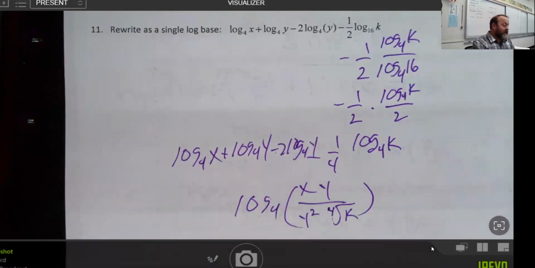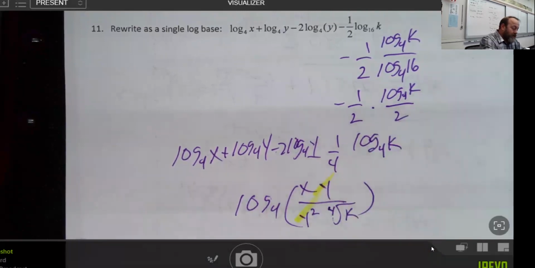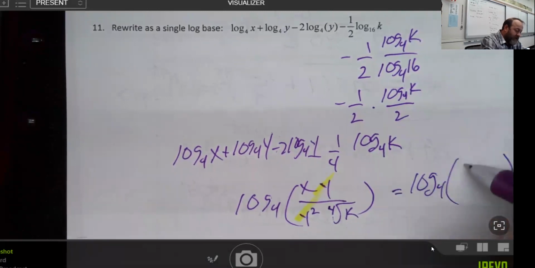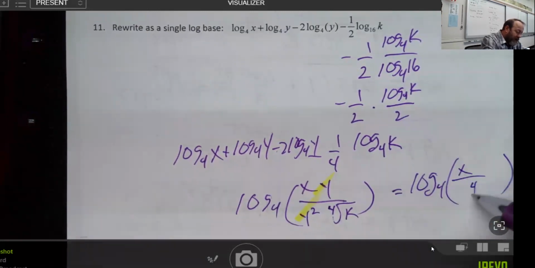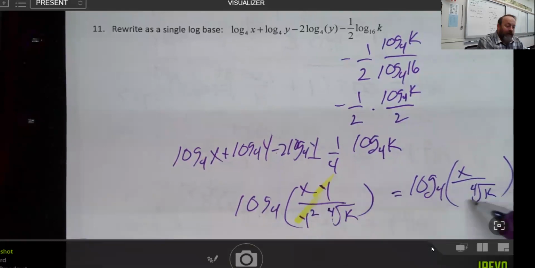However, if you're paying attention, you would notice that we have y's on top and bottom. So we could simplify that just a little bit and notice that we still have an x on top. We have our 4th root of k on the bottom, but of course a y over y squared would leave a y on the bottom.